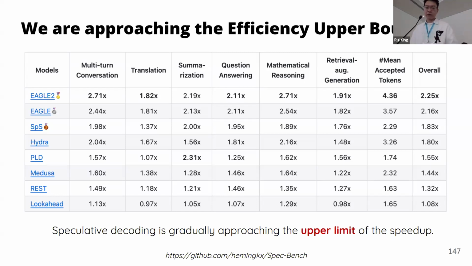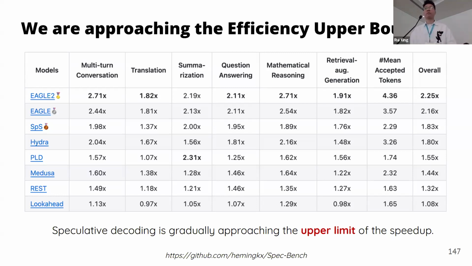We researchers gradually agree that under this speculative decoding paradigm, where you use a small model to align with the target large language model, the bigger one, the best achievable speculation performance is maybe an average of 4 to 5 mean accepted tokens, right?